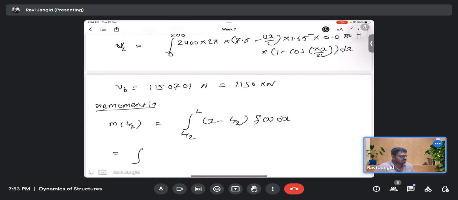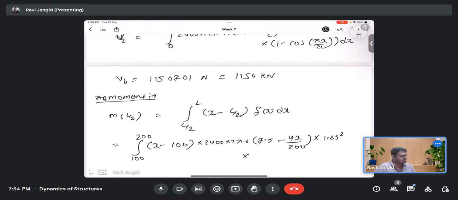So if you put 100 to 200, x minus 100 into 2400, 2 pi, 7.5 minus 4x by 200, into 1.65 square, into 0.08449 into 1 minus cos pi x by 2L, into dx.